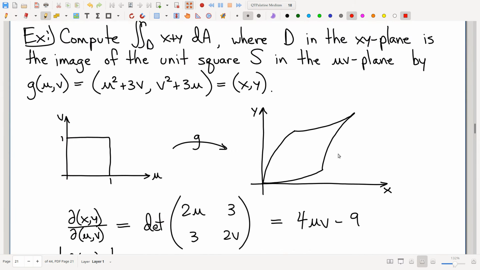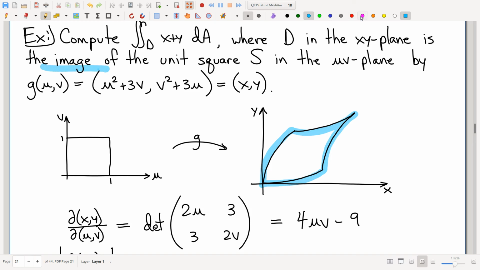This example, to be fair, was highly manufactured in the sense that the domain that we were stuck with, seemingly, at the start, was given as an image, right?